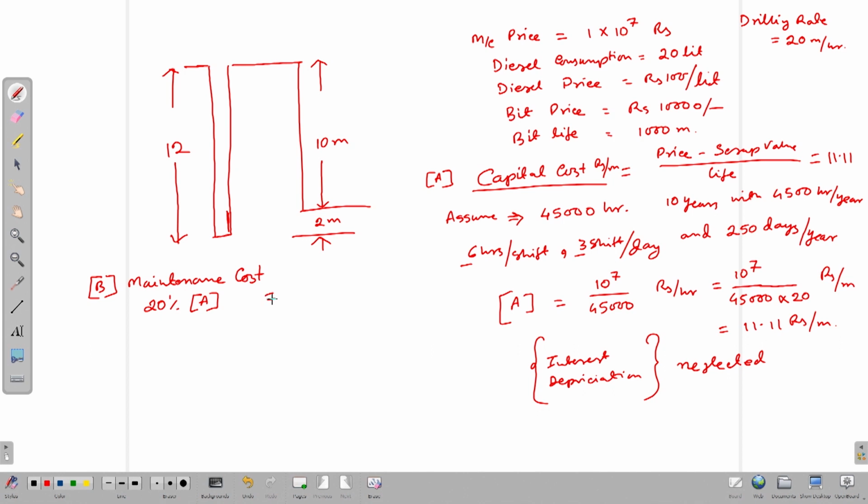So, in that case it is coming around 2.22 rupees per meter. So, this is the easiest way.